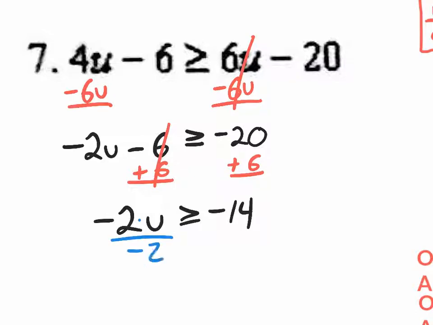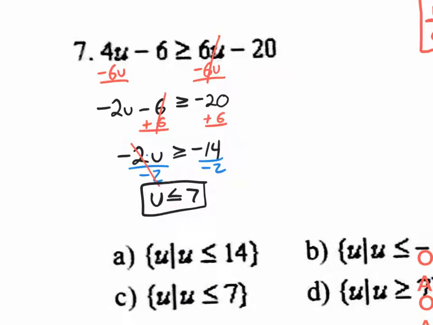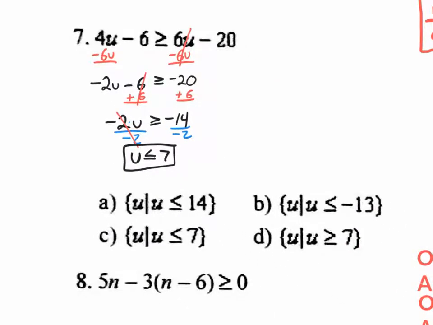Dividing by negative 2. The 2's cancel out, and you end up with U, but you have to state the whole thing. U is greater than, oh no wait, less than or equal to, because we divided by a negative. 7. So you have to state U is less than or equal to 7. That would be C.